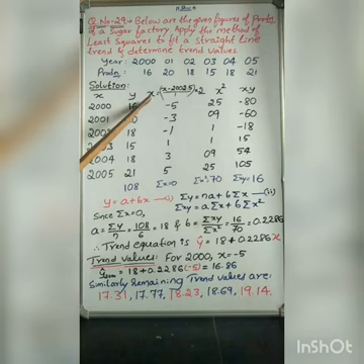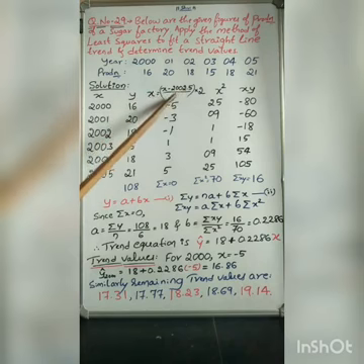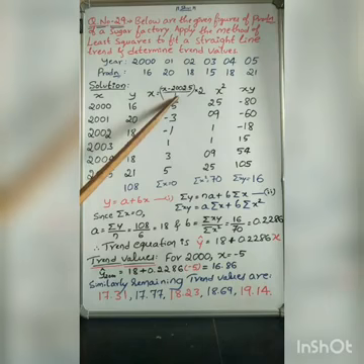The x minus a divided by c format has to be followed here also. In order to take this a, as we discussed in the last class, the middlemost observation has to be taken.